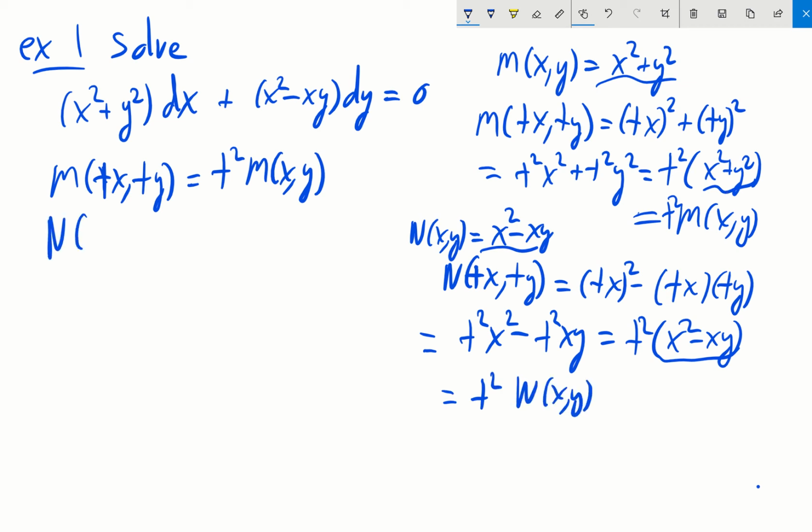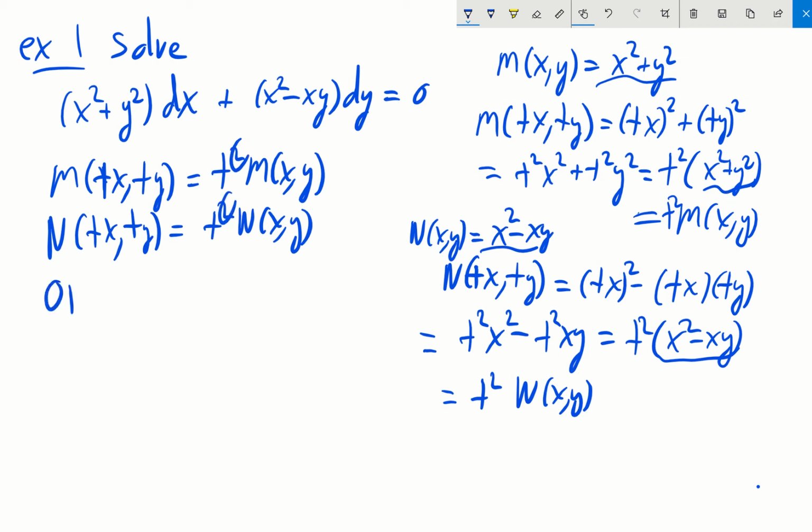So we also have that N of tx comma ty is t squared N of x comma y, which means that both M and N are homogeneous of degree 2, which means that our differential equation is homogeneous.